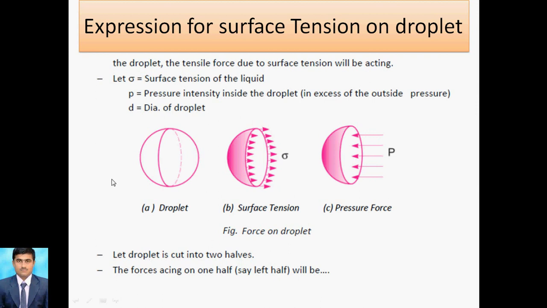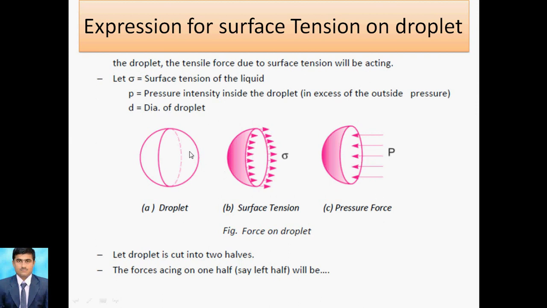We have cut it in two parts, and one force acting is the surface tension, called the tensile force, acting on the circumference. The second force is a pressure force. Again I repeat, for the droplet we divide it into two parts, the tensile force acts on the circumference, and for equilibrium conditions, or balancing of the forces, another upward force acts, called the pressure force.